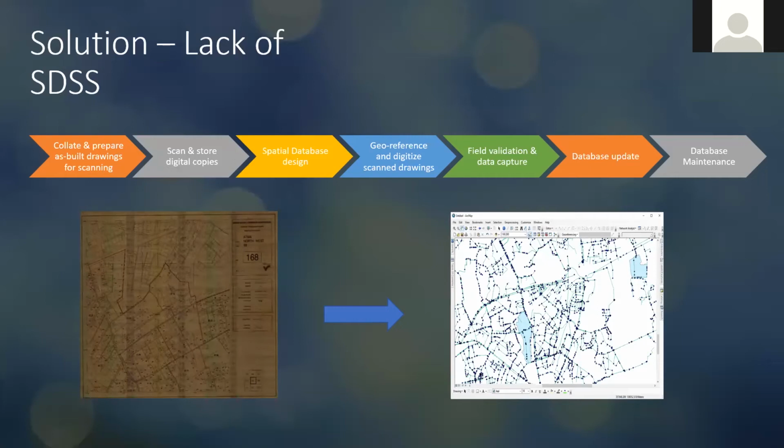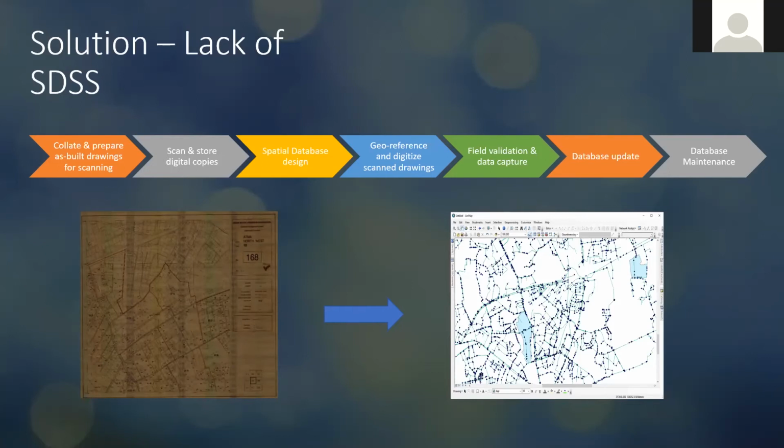After storing, we archived them. Then, based on the kind of information that we could extract from these drawings, we had to design a database model that could help us extract that information and store it as well.